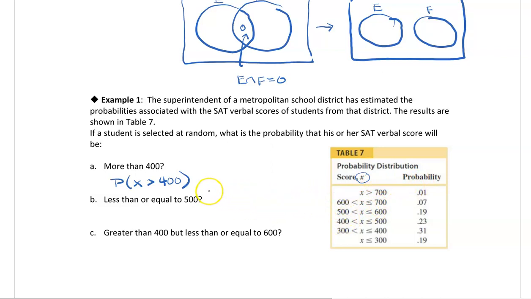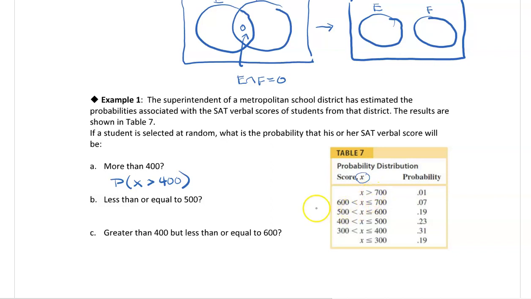If we want the probability that someone scored greater than 400, we look at 400 right here. This is 400 to 500, 500 to 600, 600 to 700, and then 700 and above.